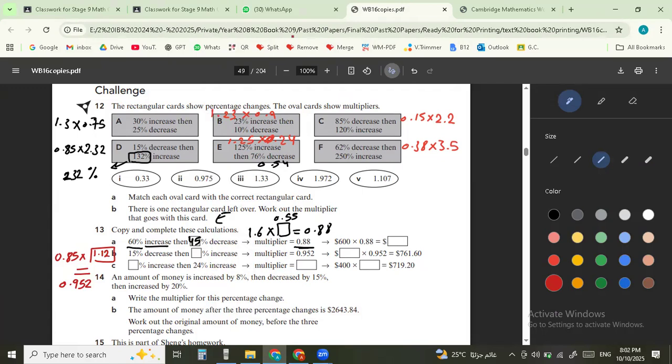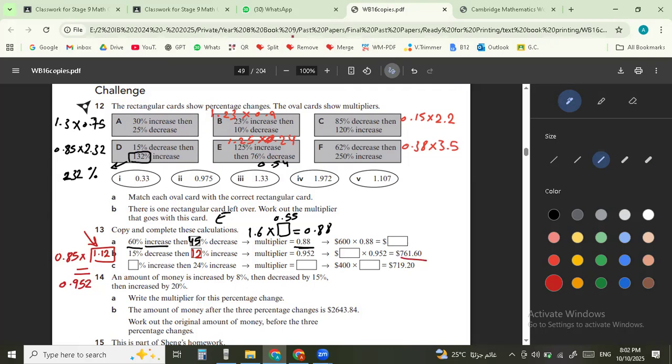1.12 means an increase. This multiplier comes from an increase. Increase of what percent? 12%. An increase of 12% is the only thing that is going to lead to 1.12 as a multiplier. Exactly. Now for the multiplication here, they're telling you what times 0.952 gives you this amount.